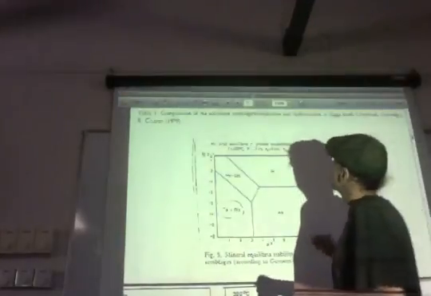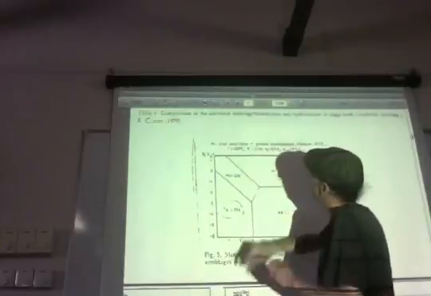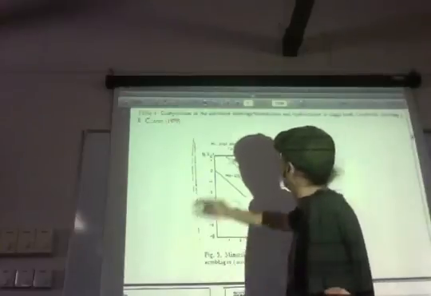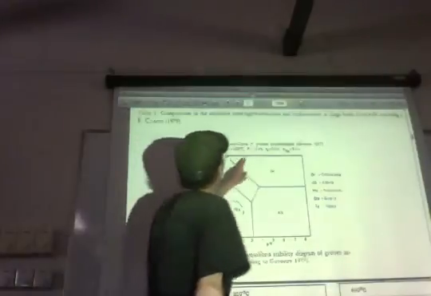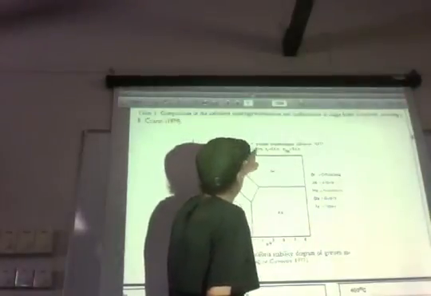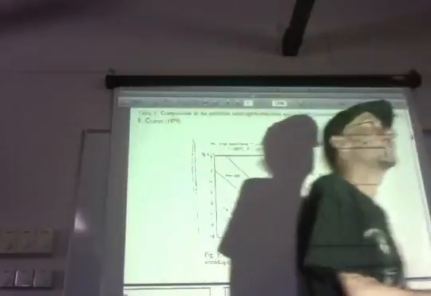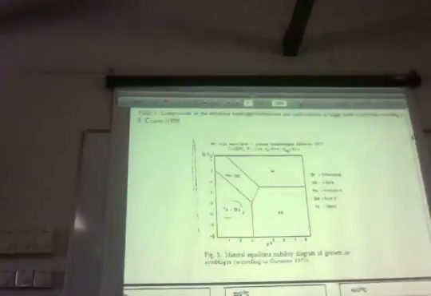The whole diagram has been calculated at a temperature of 400 degrees Celsius. You have a pressure of 2.5 kilobars, 2.5 kilobars multiplied by 3.3. Then we have about 8 kilobars. Yeah? Then you have this.